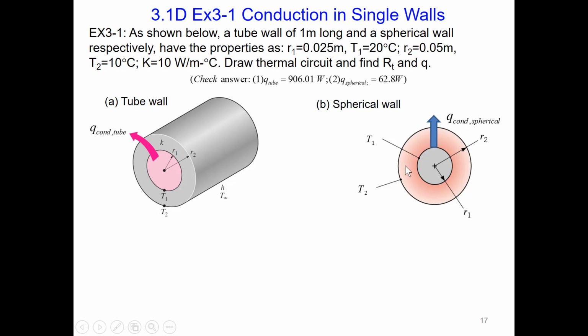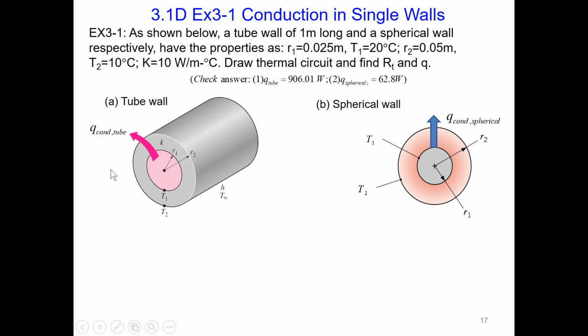At R2, we have temperature T2 at 10 degrees, with K, the thermal conductivity, of 10 watt per meter per Celsius. We need to draw the thermal circuit and find the thermal resistance RT and heat rate Q.